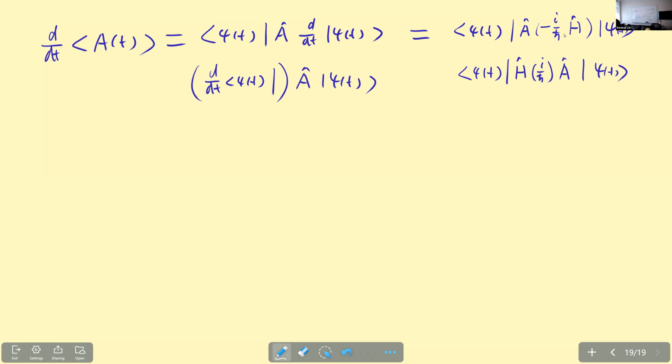And look at this one, you can combine these two. This just equals i over h bar, bra psi t and the commutator of the Hamiltonian and a. So you got an important result.